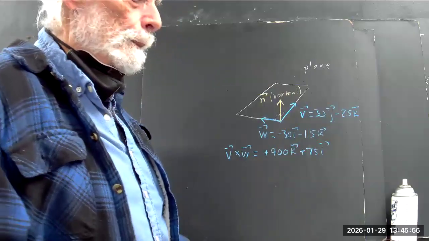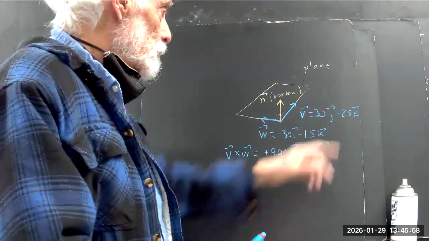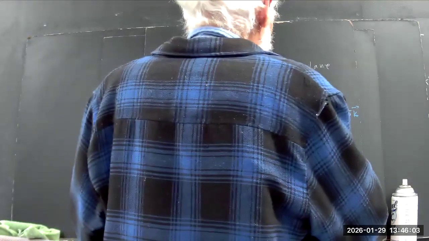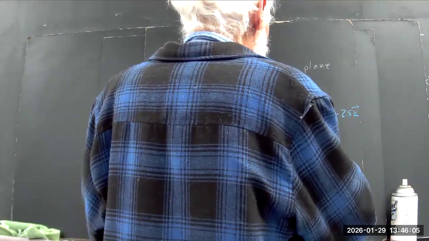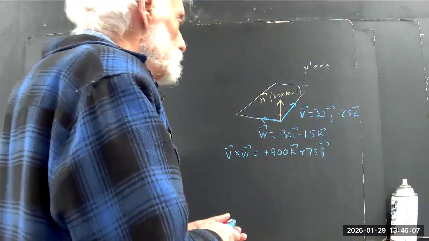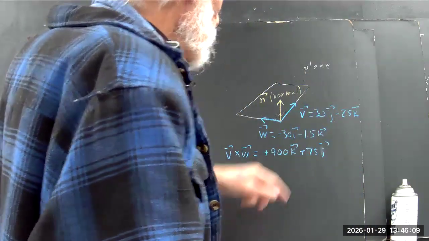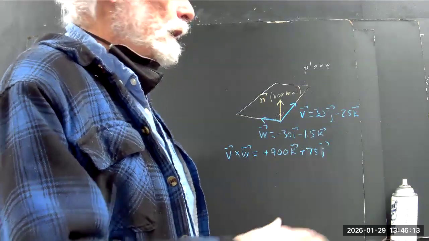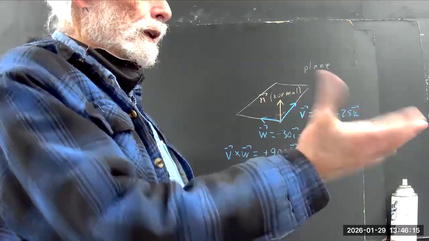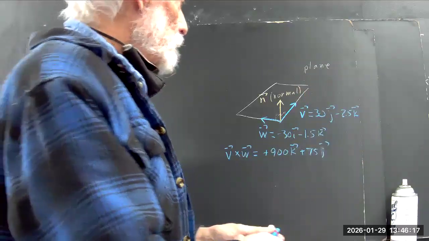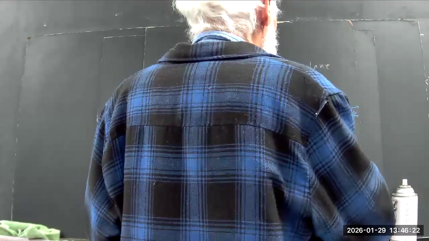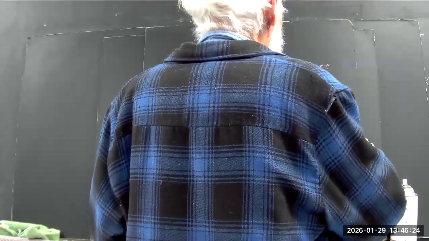K cross I is J. So negative 2.5, okay, except that should be J. And then 30J times negative 1.5K. J cross K is I. So that's negative 45I.